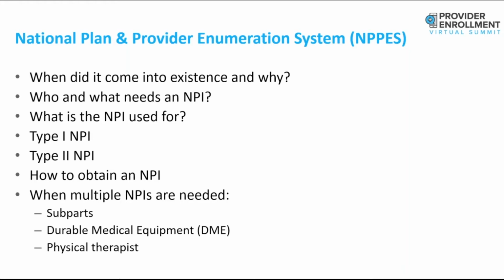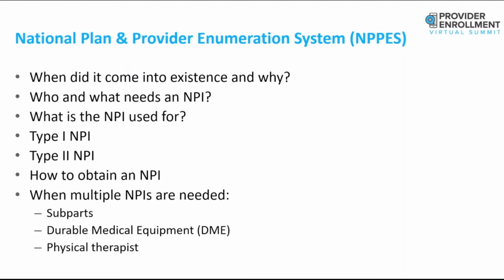You don't want to enumerate, and that is the process of obtaining and being issued a new NPI, multiple NPIs unless those NPIs are specifically going to be used for billing purposes. So let's say you're going to utilize those NPIs and you wanted multiple NPIs.